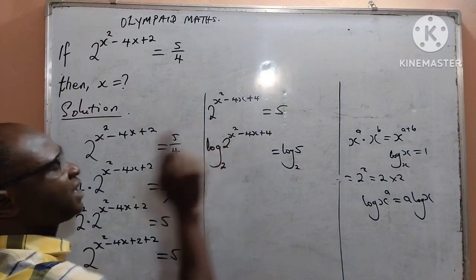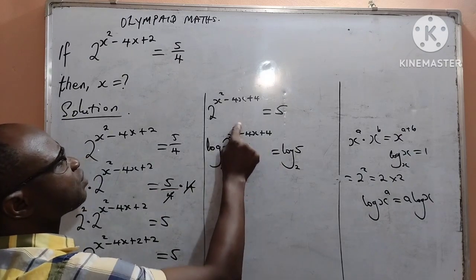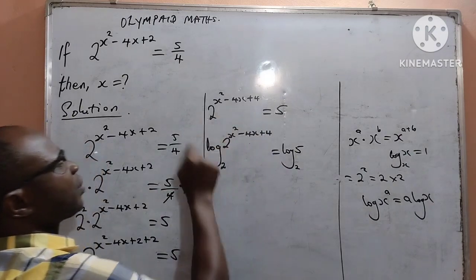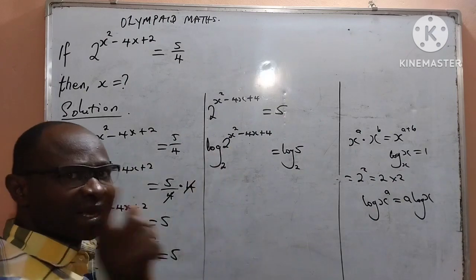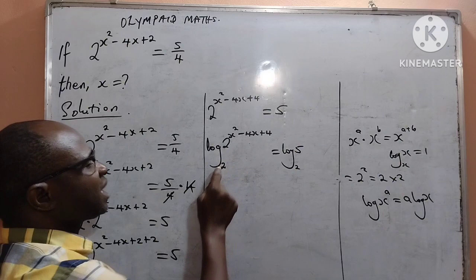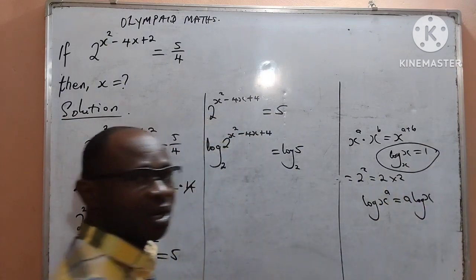That is what I will apply here, meaning the power, which is x^2 minus 4x plus 4, will come to the front to be multiplied with the log 2 base 2. That is when the log 2 base 2 will be used, as we have indicated in this law.